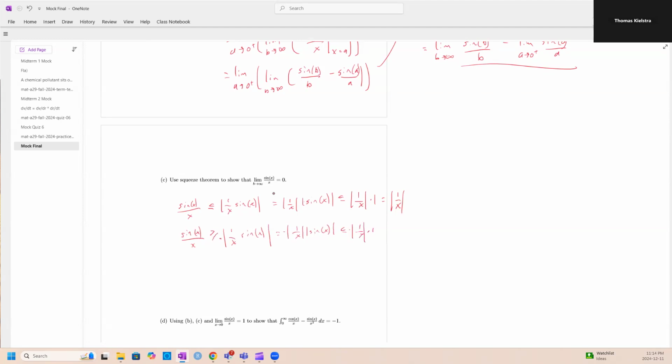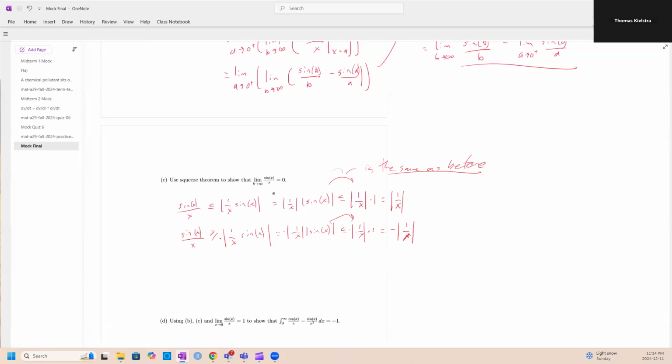And again, the reason to go from here to here and from here to here is the same as before. Which equals minus absolute 1 over x.